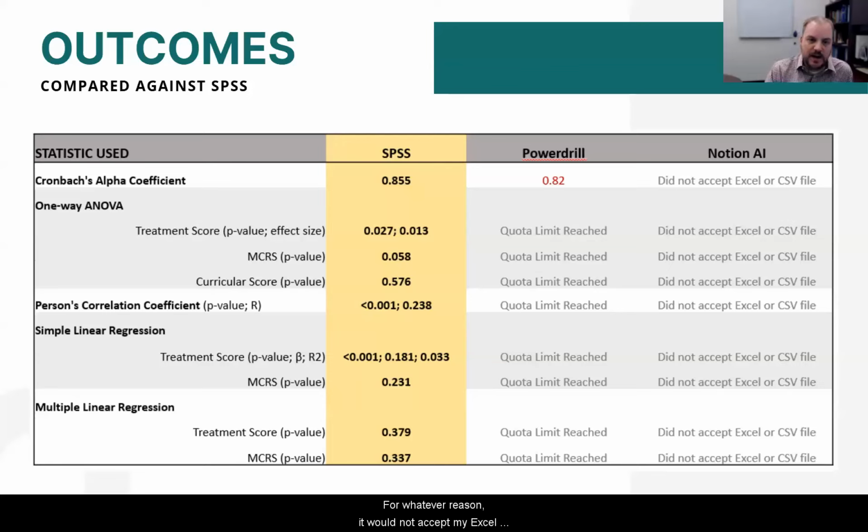For whatever reason, it would not accept my Excel file or a CSV file, despite saying that it accepts both of these. So I don't know if it had something to do with the trial version and the tokens or what have you, but nonetheless, I was not able to really truly test or pilot these 2 AI systems for use with statistics.